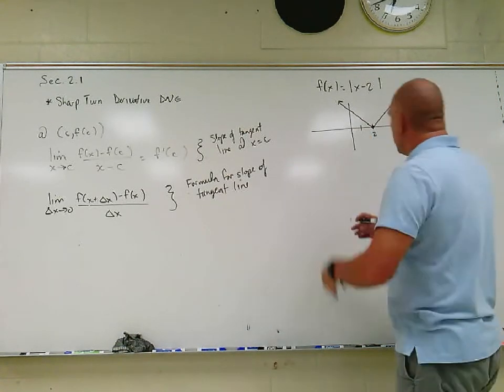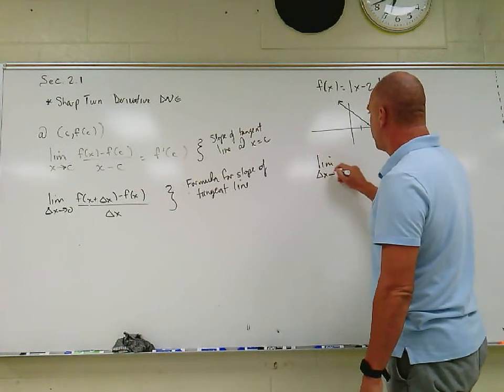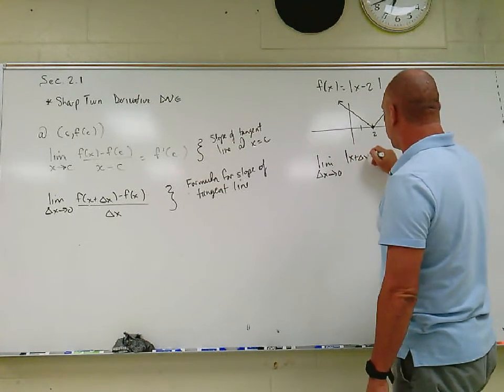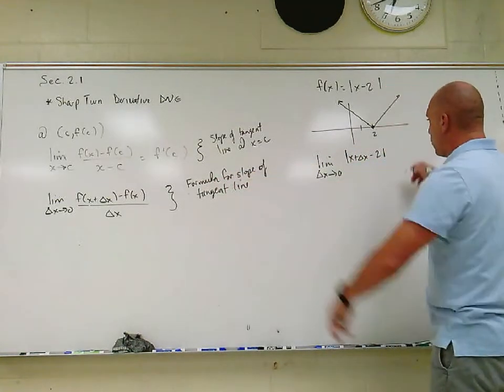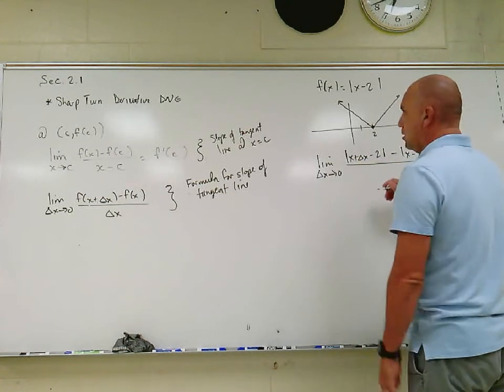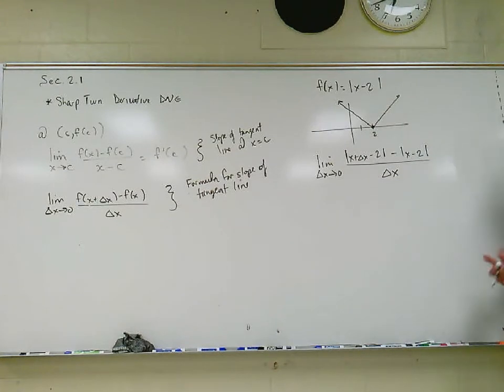So, anyways, say we're going to try to find the derivative. Here's where we run into trouble. X plus delta x has to go in for x. So I'm using the second formula here, minus absolute value of x minus 2, all over delta x. And now the problem we run into is the bars.